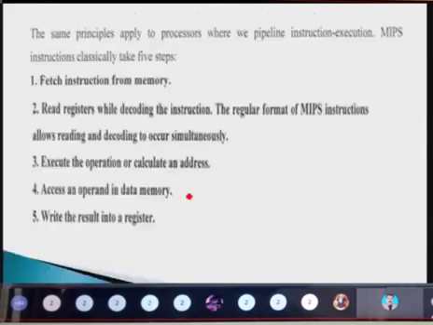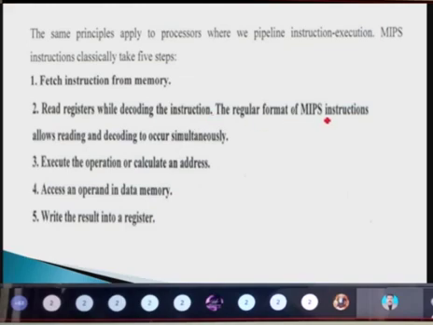So here, what is the instruction? Multiple instructions per second, MIPS. This set of instructions is classified into 5 steps. What are the 5 steps? We fetch the instructions from memory, and then we read the registers while decoding the instruction.